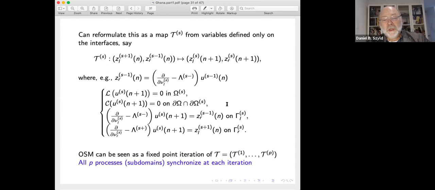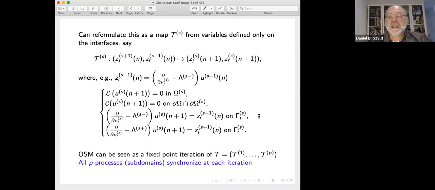Now, when I do this, the way I think about it is I'm a processor. I'm a processor S, and I own the subdomain S. So I start and I take the boundary conditions. Now I solve, I finish, I produce new boundary conditions, and then I wait, and then everyone else finishes.